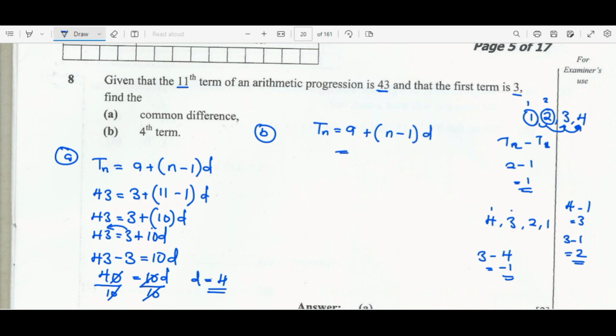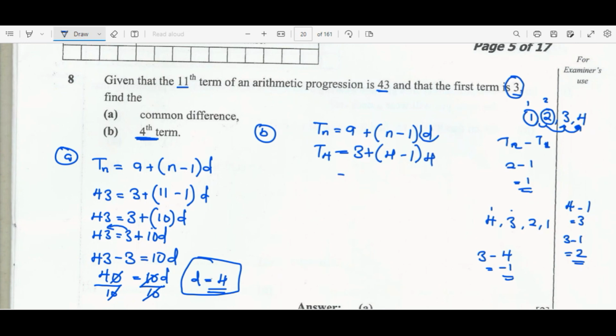In this case, n is 4, because that is the term we've been asked for. And then a is the first term, which we've been given already in the question, which is 3. So we would say 3 plus, open bracket, 4 minus 1, close bracket, and then the common difference we had to find, which is 4.